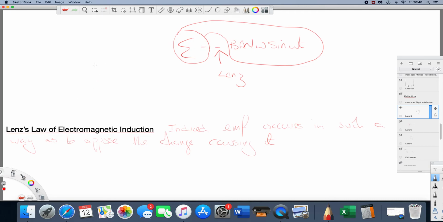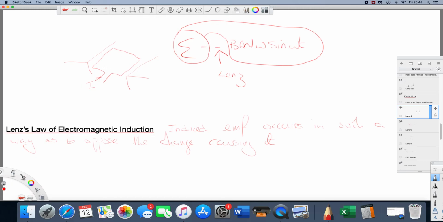If you think about a coil of wire sitting between the poles of a magnet, and I won't draw any more bits, but I put current through here.